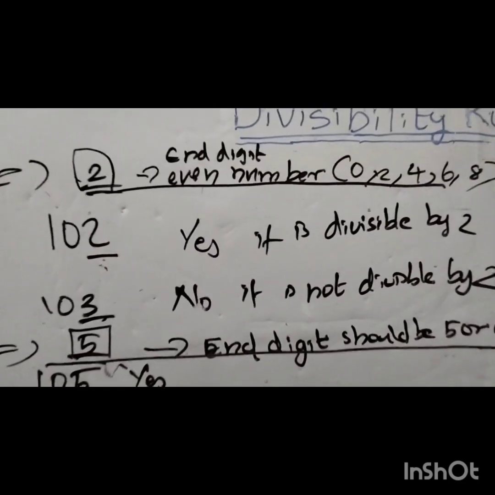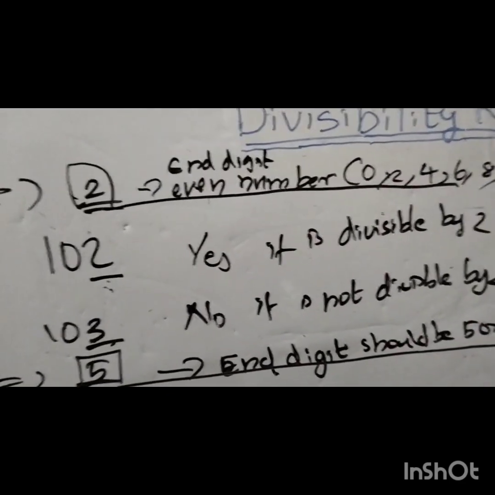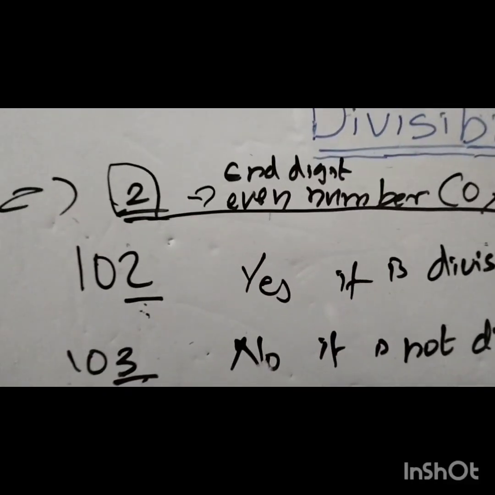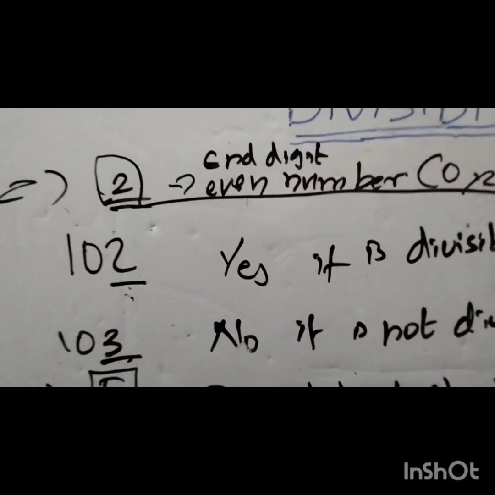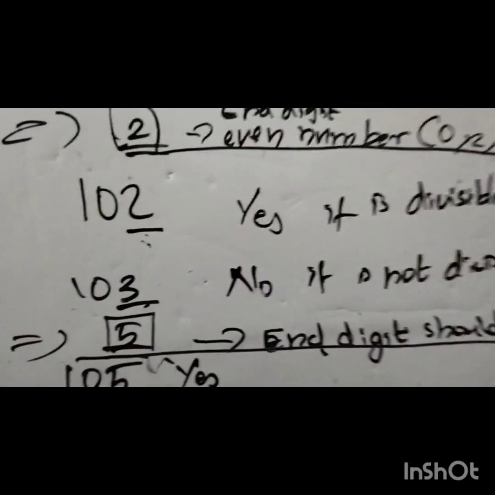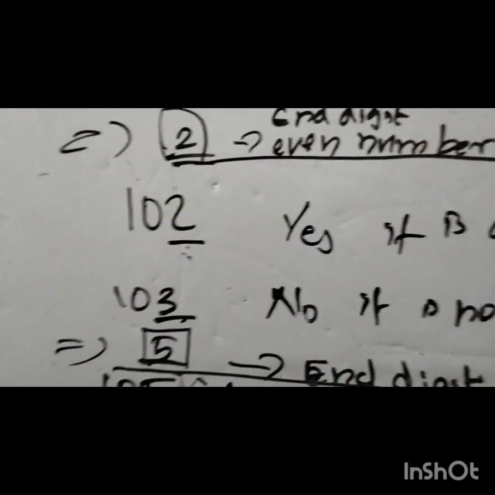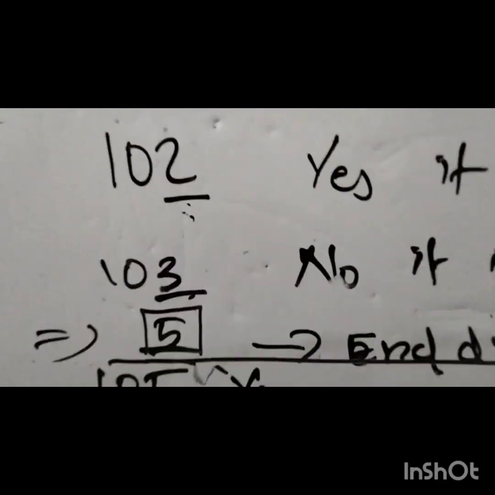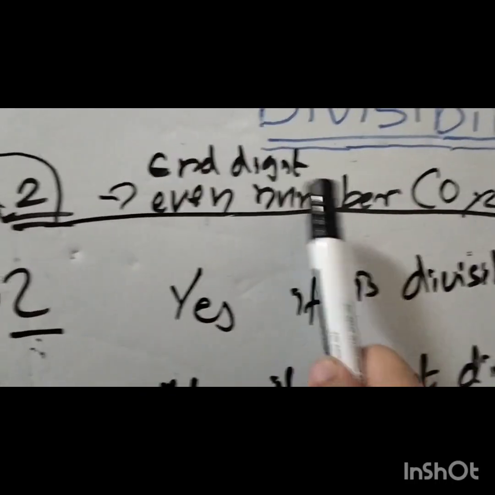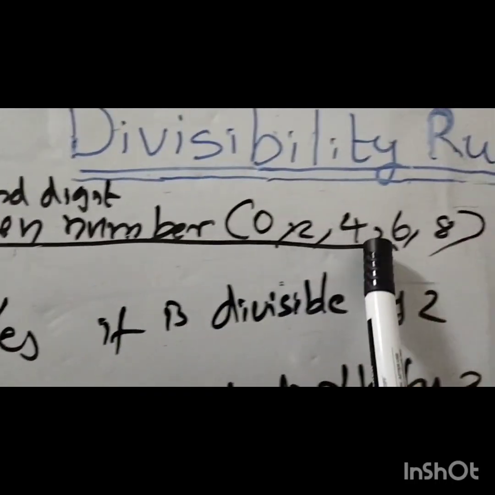So what are the divisibility rules of 2? The divisibility rule of 2 is that the end digit should be an even number. For one question, is 102 divisible by 2? The end digit should be even, that is 0, 2, 4, 6 or 8.